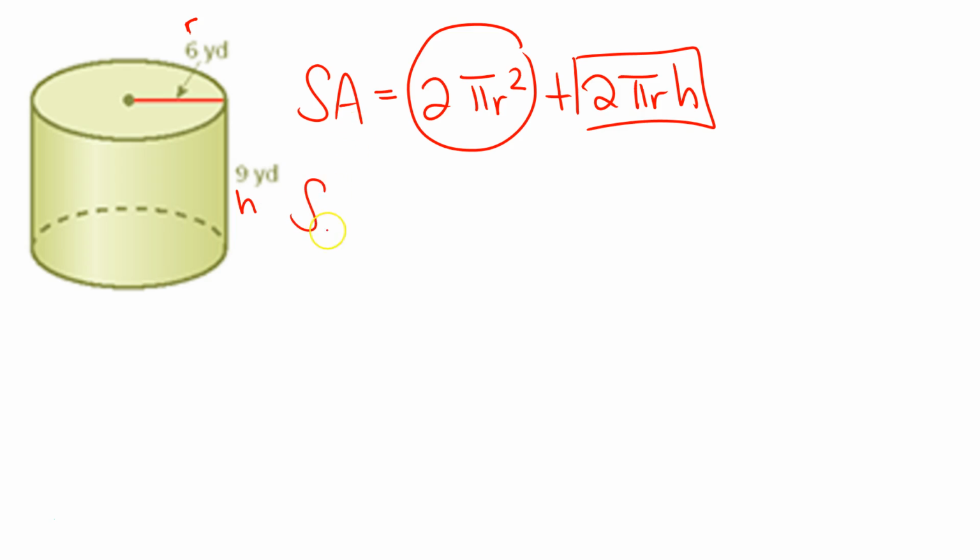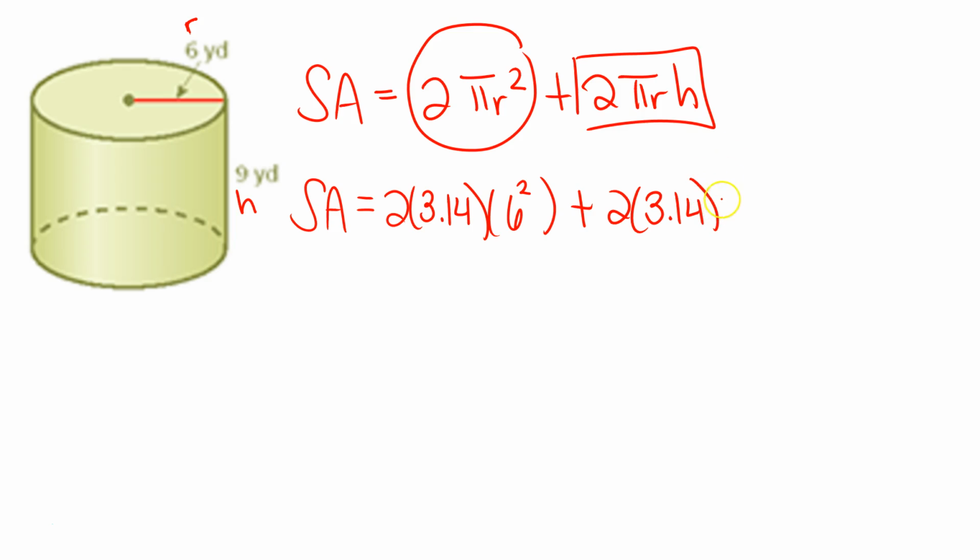So let's rewrite it to substitute. SA equals 2 times 3.14 times the radius squared, 6 squared. That does not mean 6 times 2, that means 6 times 6. Plus 2, and then pi again is 3.14. Okay, the radius would be 6, and the height would be 9.